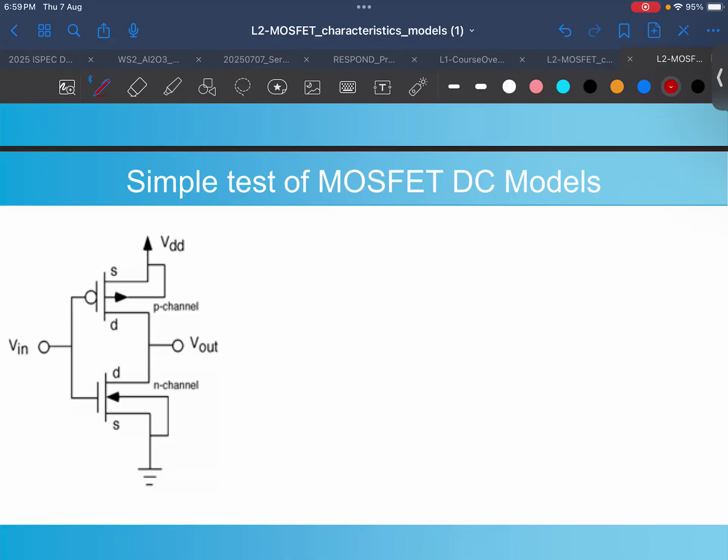So after discussing the DC models for PMOS and NMOS, it would be interesting to see first the application of that in a very simple circuit which we have talked about.